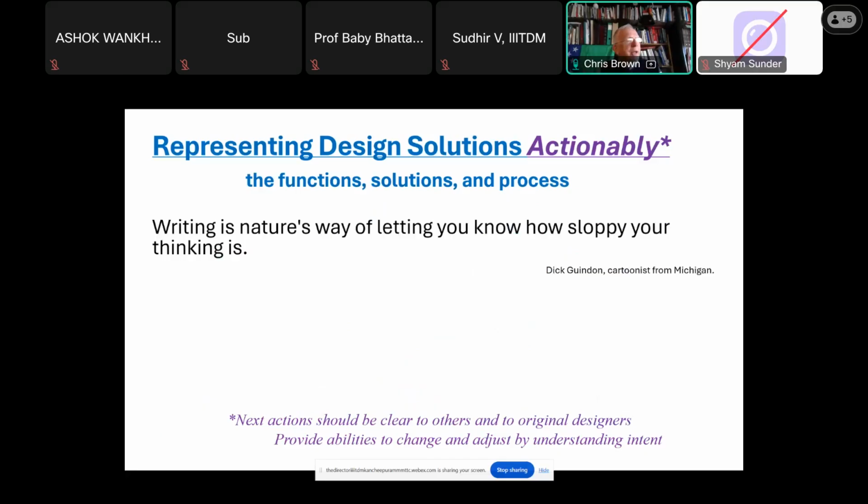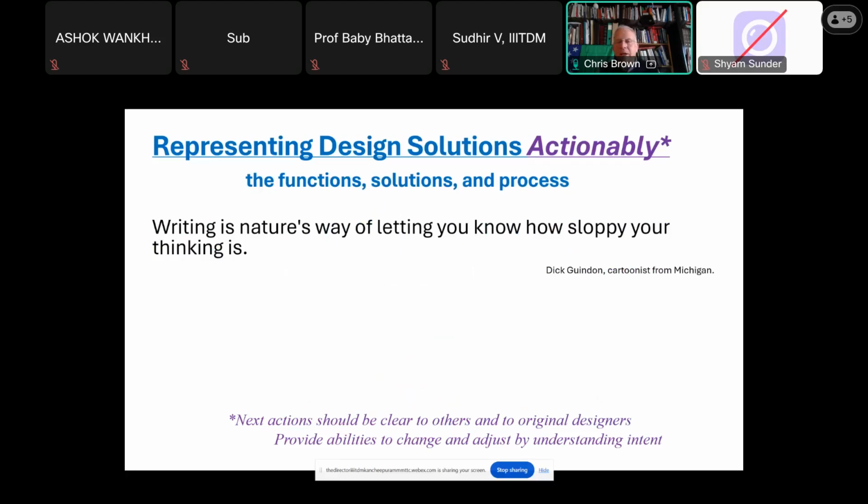It's interesting when I start working with students, because in the decomposition, we're doing a verbal representation of a design solution. And there's a nice quote by a cartoonist from the Midwest of the United States: "Writing is nature's way of letting you know how sloppy your thinking is."